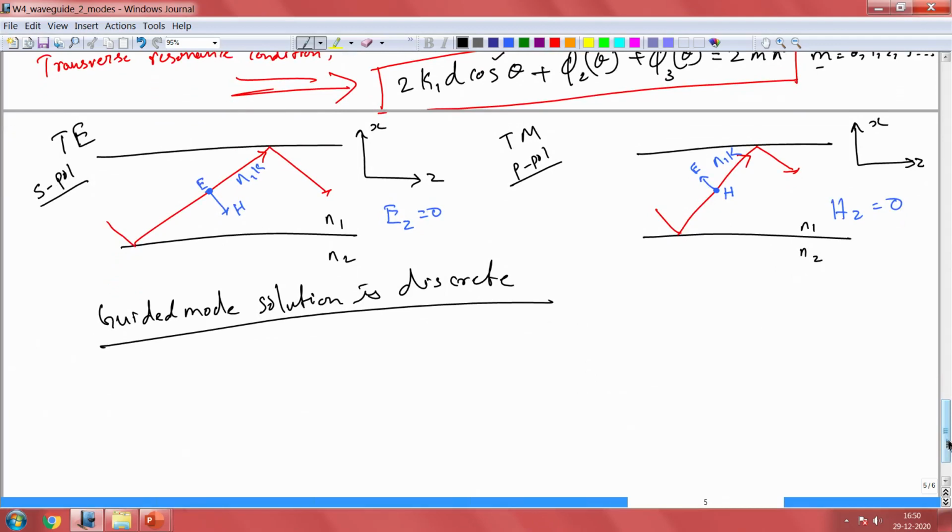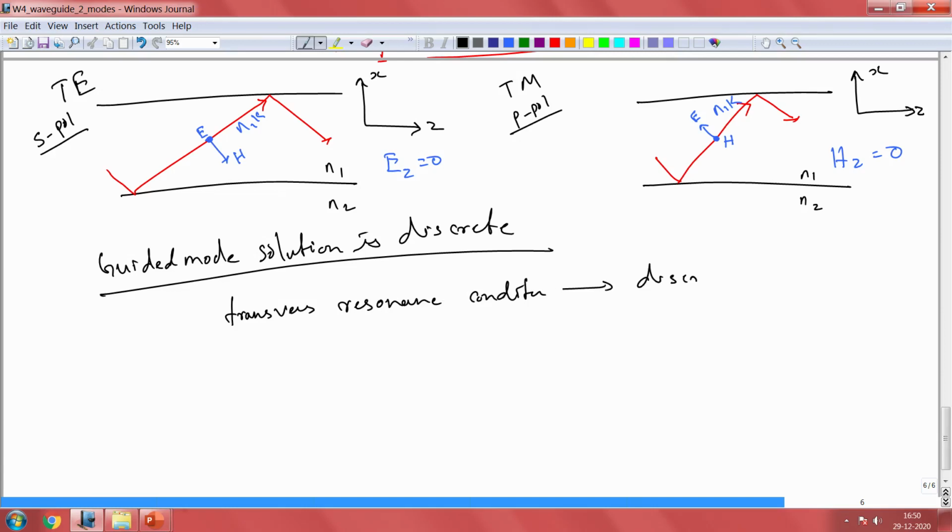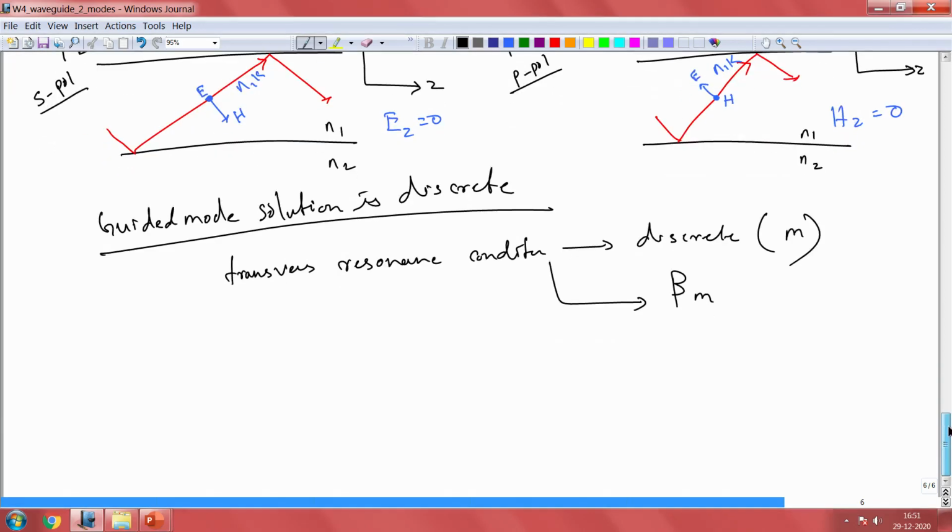If that is the case, that means your transverse resonance condition is discrete, because m values are discrete, and this results in a discrete propagation constant. So, the propagation constant has to be discrete.